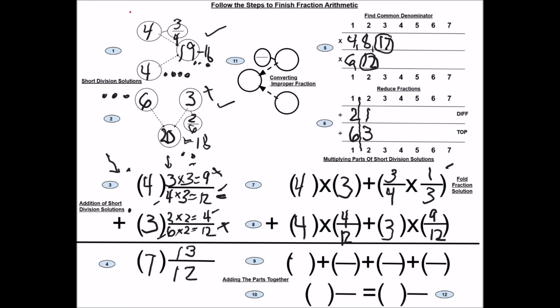Now we have written down the multiplications of all the parts of the top number times all the parts of the bottom number. So let's do those multiplications.